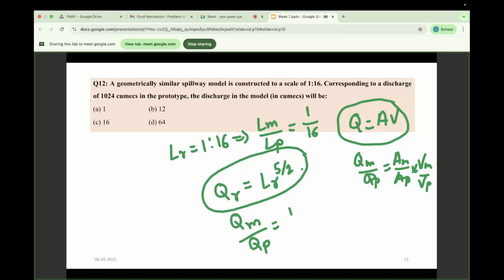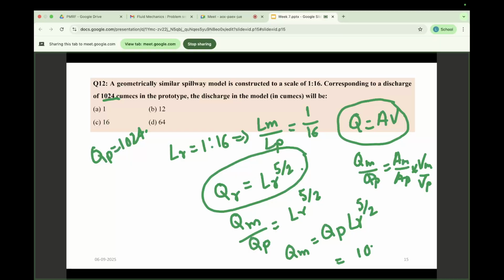So similarly here I can write this. In this question, what is given? QP is given, right? QP is 1024. So I can write QM equal to QP into LR to the power 3 by 2.